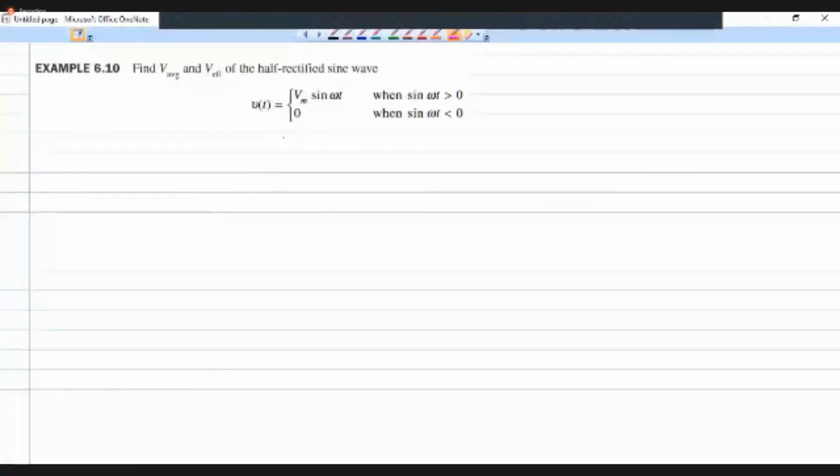with another example. So this is an example for a half wave rectified sine wave. I hope you have undergone a course on rectification, full wave rectification and half wave rectification. So we can represent a half wave rectified voltage as a periodic function like this, where v of t is equal to Vm sine omega t when sine omega t is greater than 0, which is equal to 0 when sine omega t is less than 0.